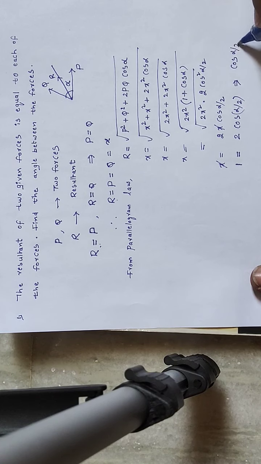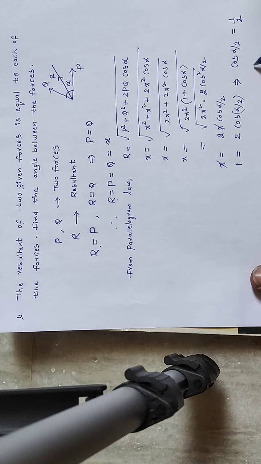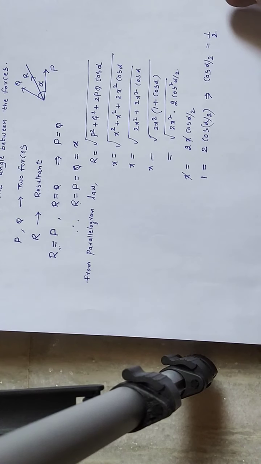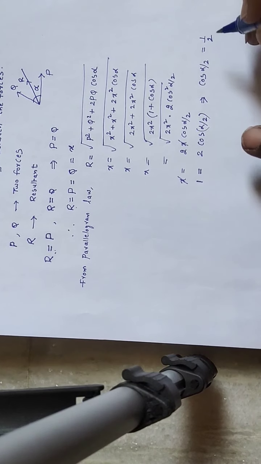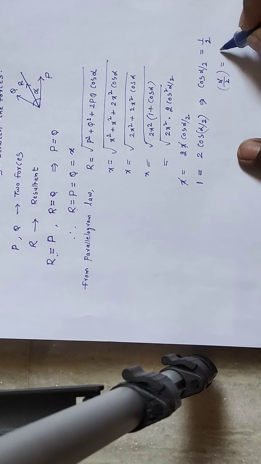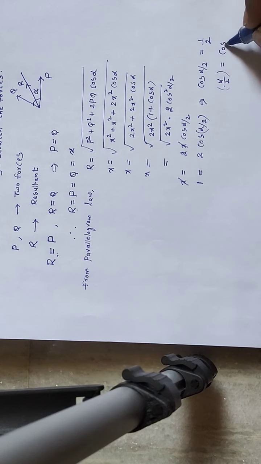Cos alpha by 2 equal to 1 by 2. Alpha by 2 equal to cos inverse of 1 by 2.